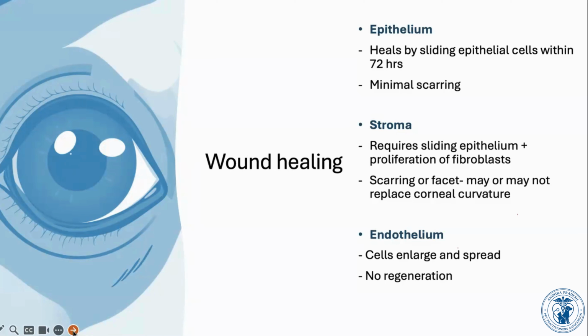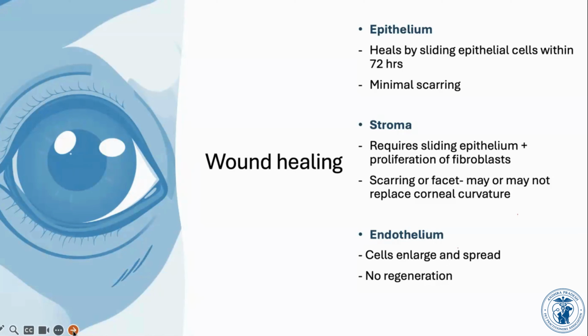And when endothelium comes, endothelium is the layer of the cornea which never ever regenerates. So whatever cells we are born with, we have that right now. So when there is a loss of endothelial cells, the nearby cells swell up and enlarge and try to fill up the lost space.